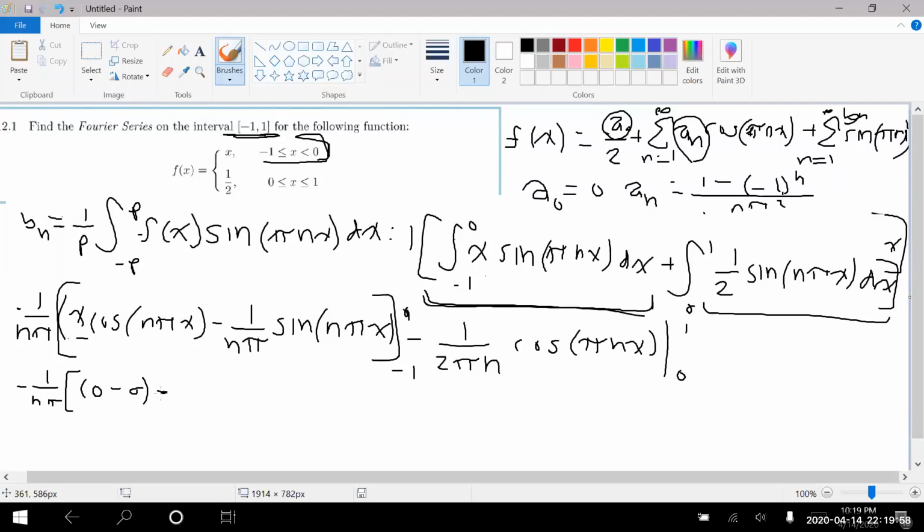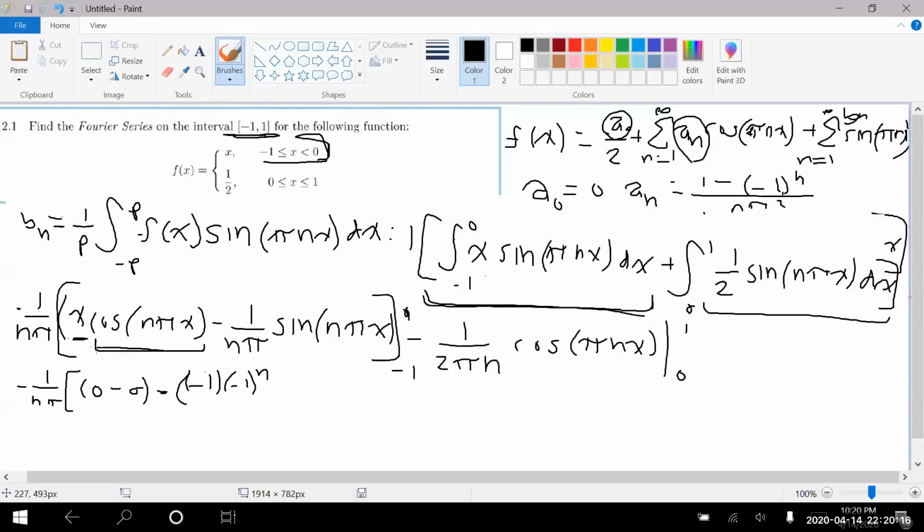So what happens when we plug in a negative 1 to our cosine? Don't forget about this negative 1 right there. So we have a negative 1 times our negative 1 to the n that we got from the cosine term.